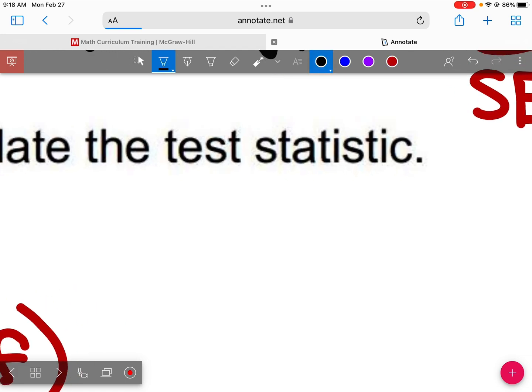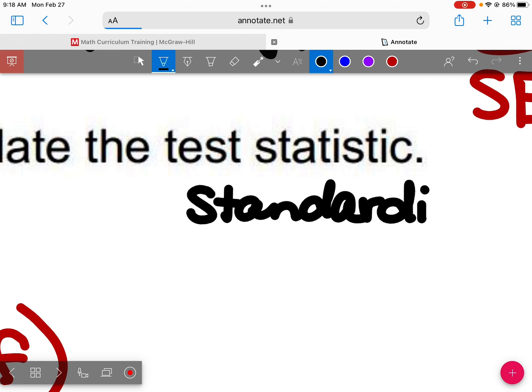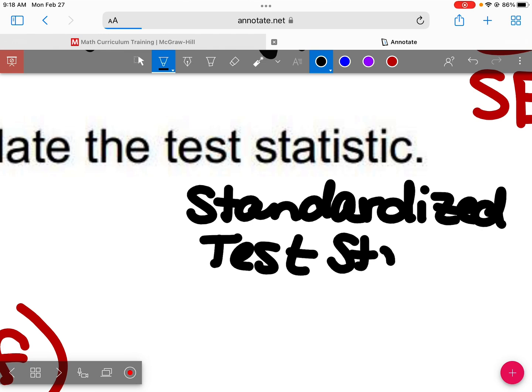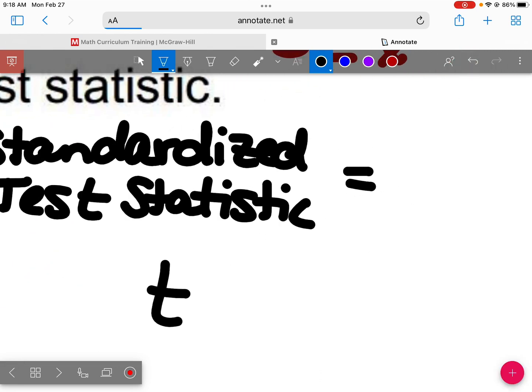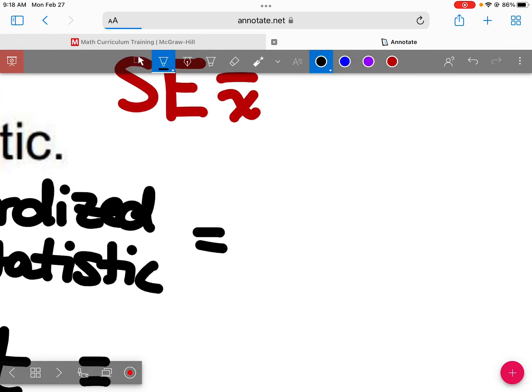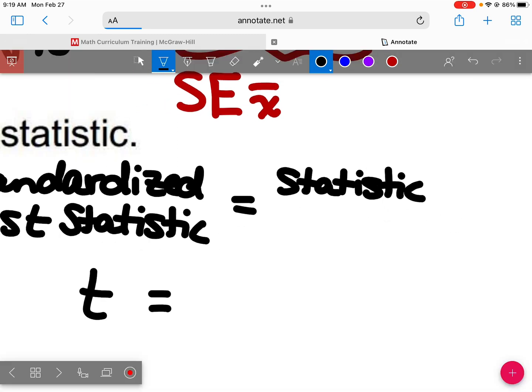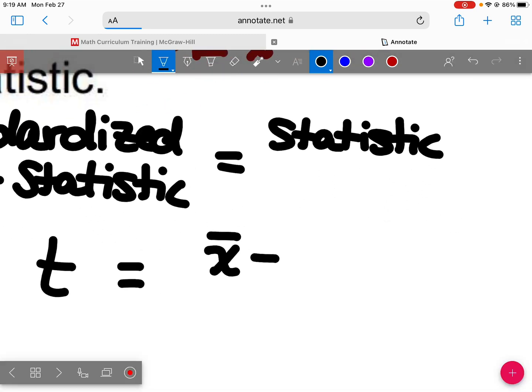So to calculate our t-score, our standardized test statistic, which is going to be our t-score, I need X bar, or my statistic, which is X bar, minus what?